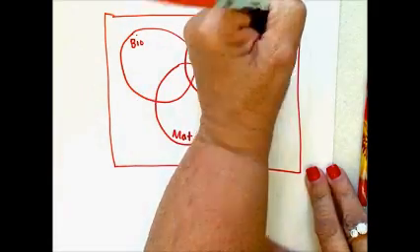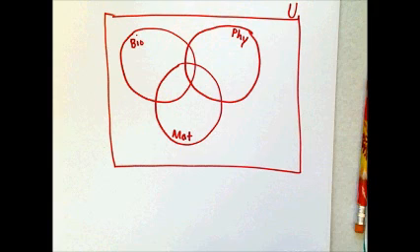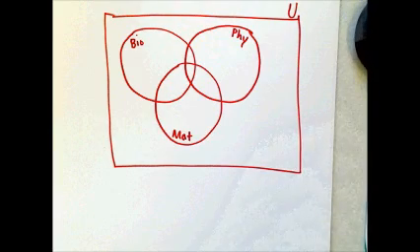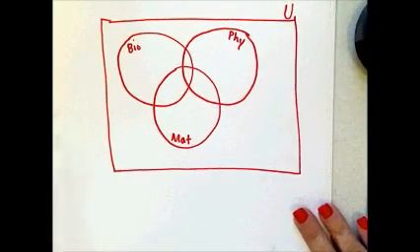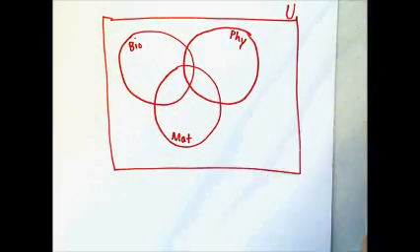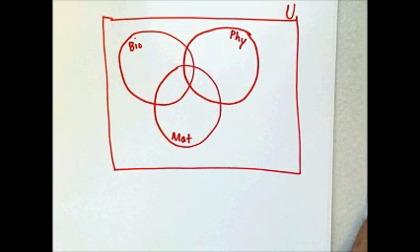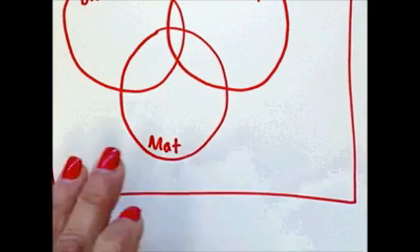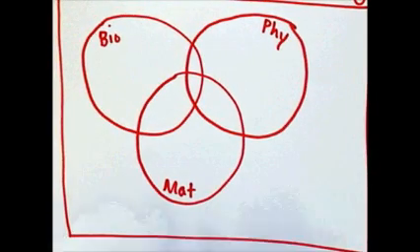And then U is the universal set, which has 110 students in the set. Alright, now let's go through and identify what's what. So I'm going to zoom back in now that we have this drawn. Let's zoom in just a little bit so we can see what's what.